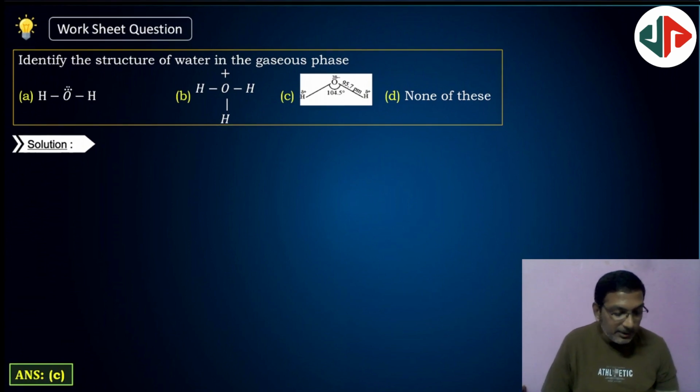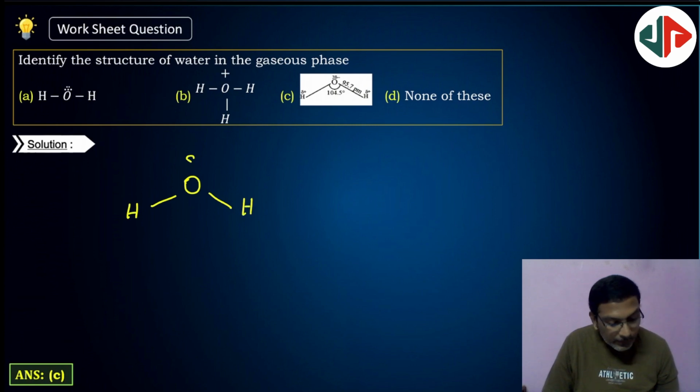Identify structure of water in gas phase. So in gas phase, we will be having bent geometry, delta minus on oxygen and delta plus on each hydrogen, or 2 delta minus also we can write.